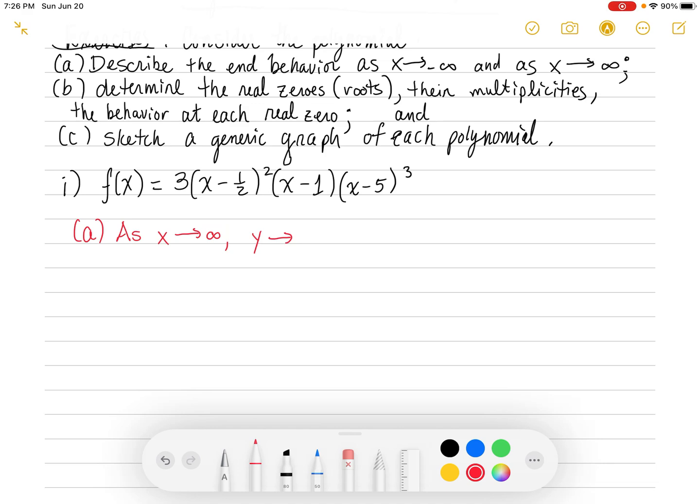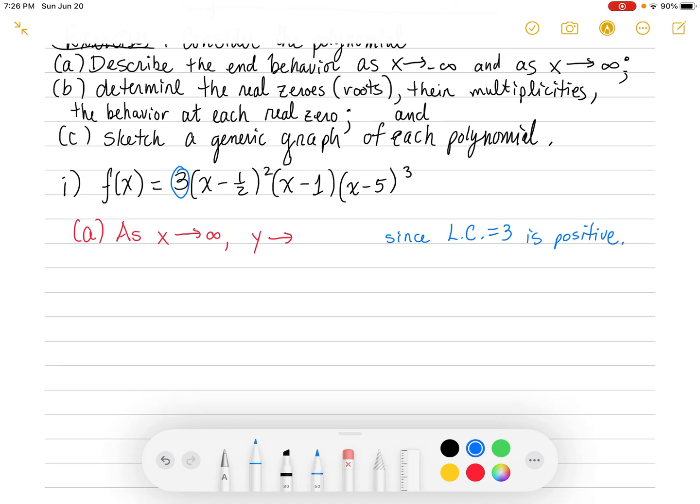What does y do? Well, to figure that out, you're going to take your leading coefficient here. Your leading coefficient is 3. So we're going to figure out what y goes to. Since the leading coefficient is 3, that's positive.